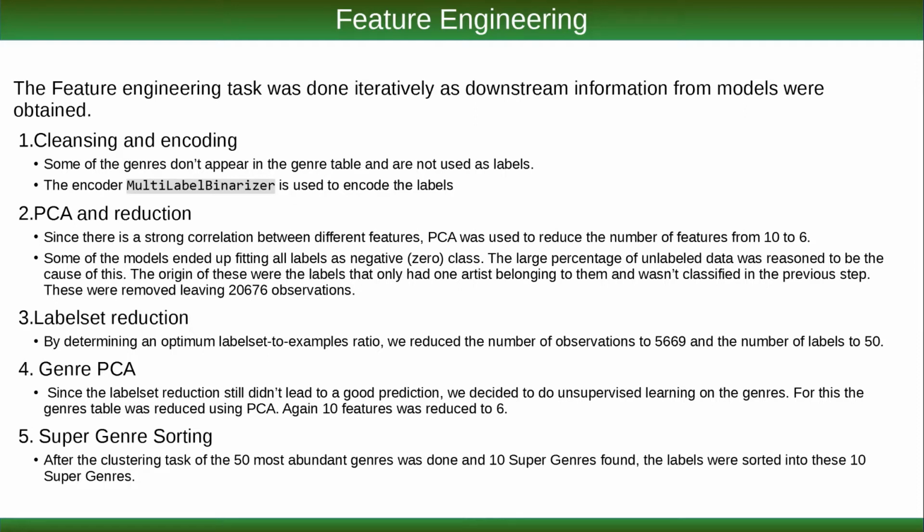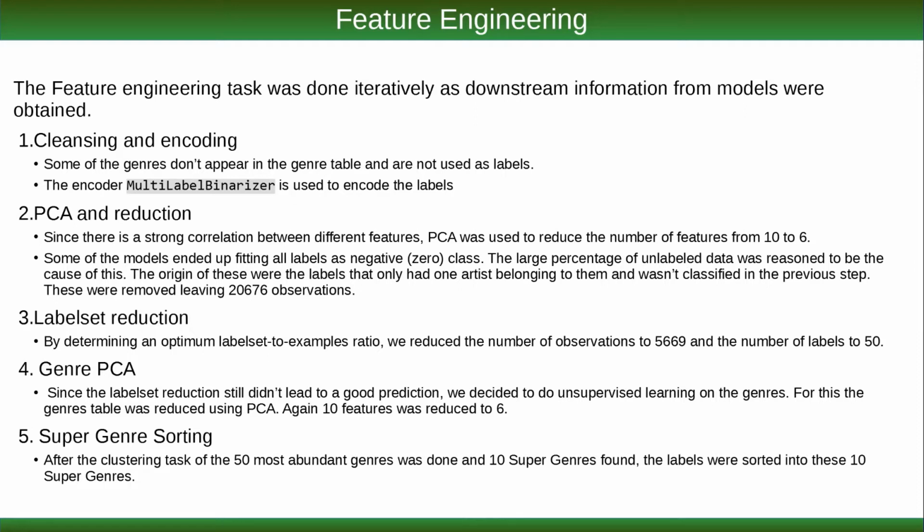The first one is cleansing and encoding. This was just the very basic removal of genres that didn't appear in the genre table and encoding the sets of genres using multi-label binarizers as encoded vectors.